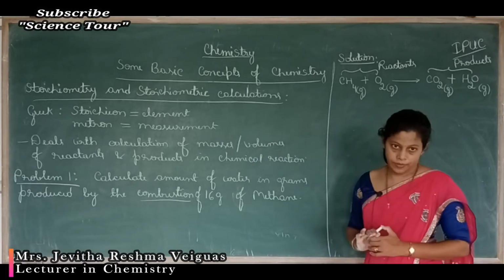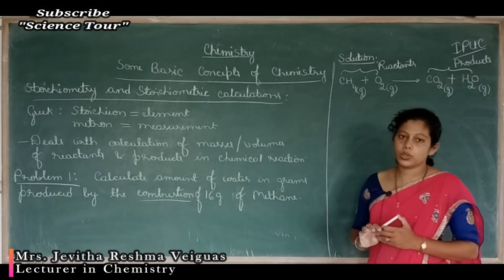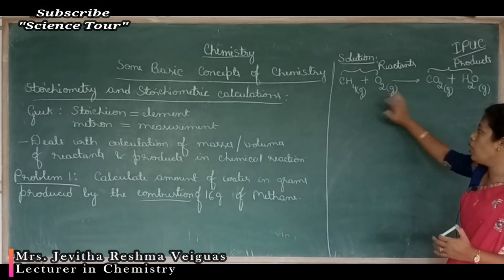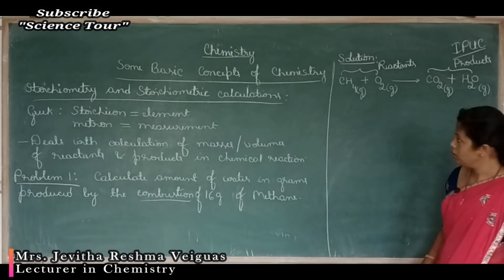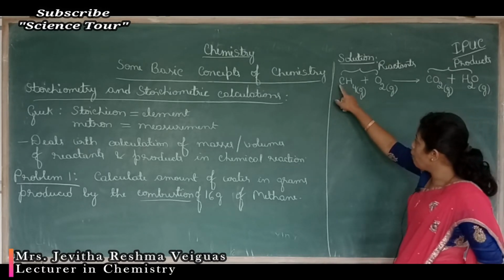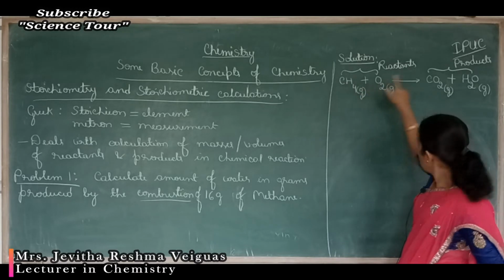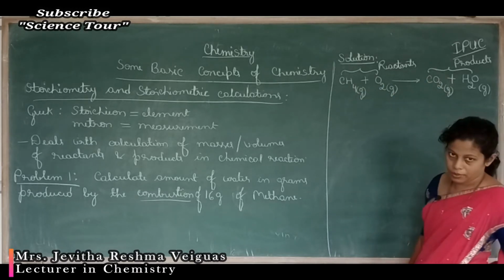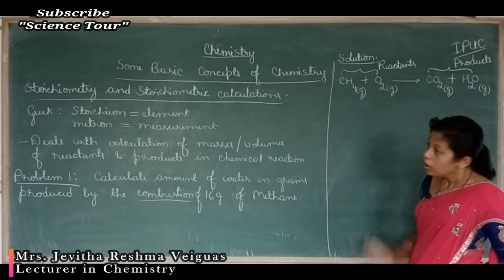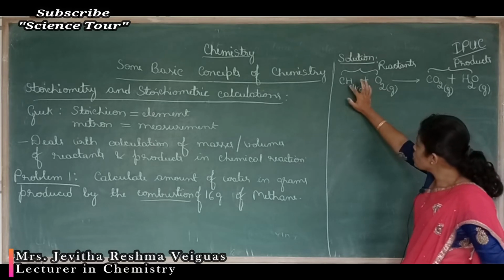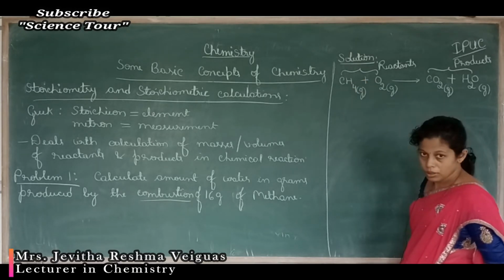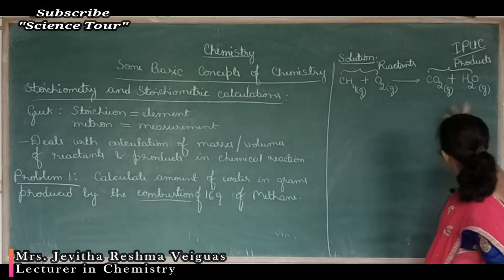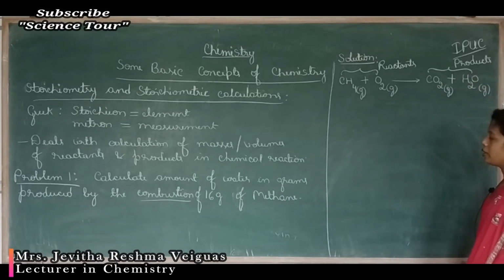First let us see whether the number of atoms of all elements are equal on both sides of the arrow mark. Look at the left side, you have one carbon. On the right also you have one carbon. Look at the number of hydrogen atoms. You have 4 hydrogen on the left side, but only 2 hydrogen on the right side.